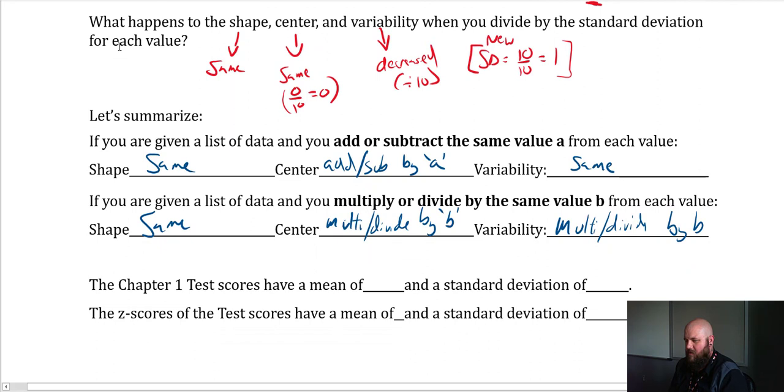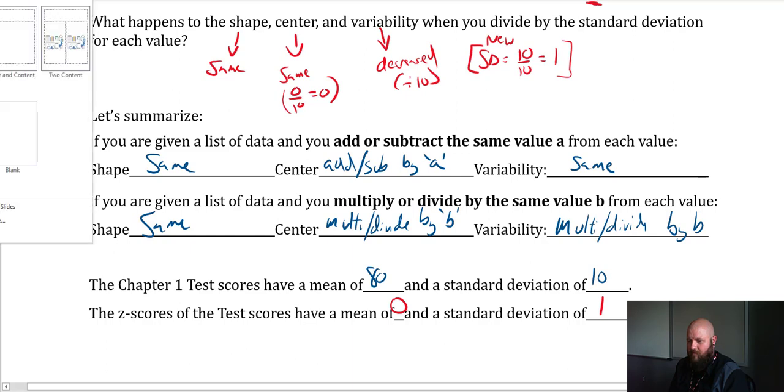So chapter 1 test scores, well, we had a mean of 80 for our test scores, and we had a standard deviation of 10. Well, what that's referring to is for the z-scores then, we should have a 0 labeled as our mean, standard deviation of 1. So we'll talk about that for a second real quick. On this slide, I'm going to draw a normal distribution right here.